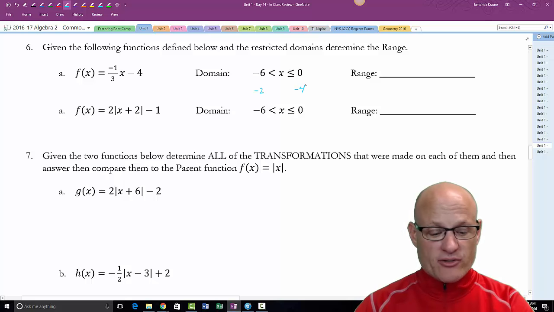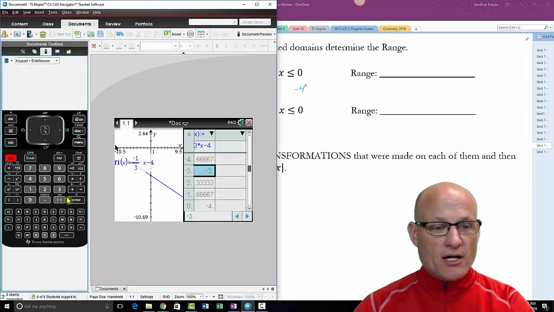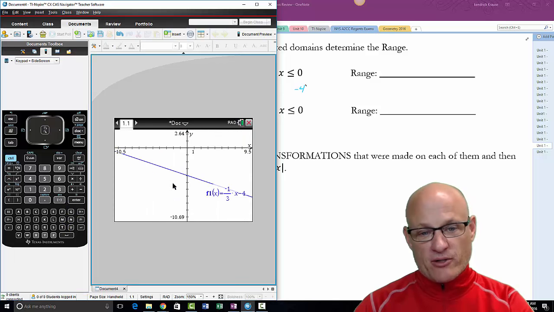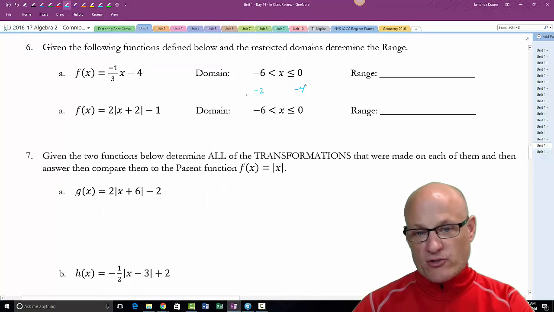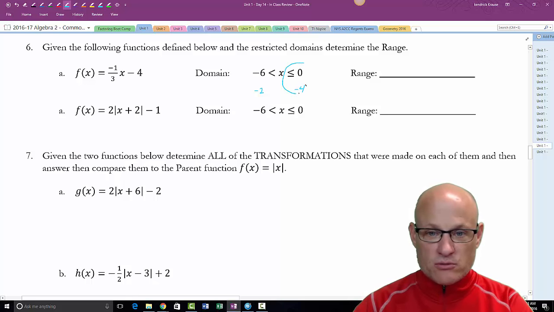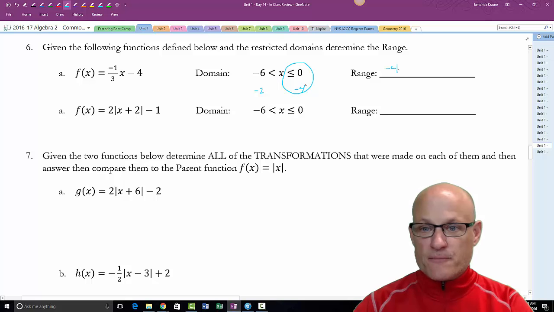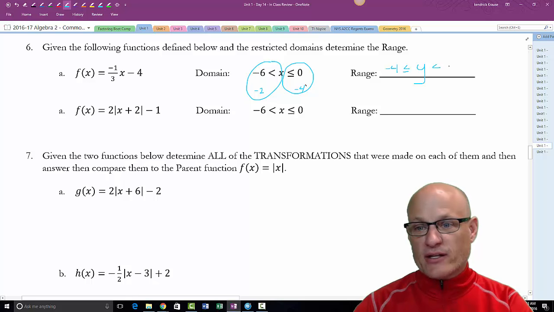And it's just linear. It's only going from here down. So the range is from -2 to -4. So I got to do, but here I can equal. So -4 less than or equal to y. But here, because it's got an open circle, I can only go less than -2.